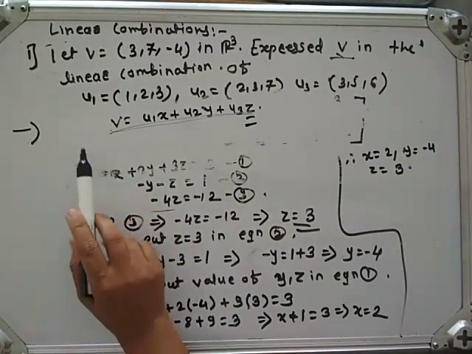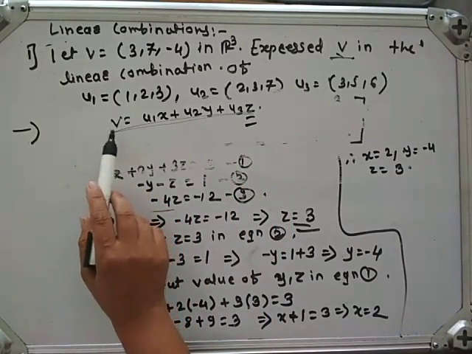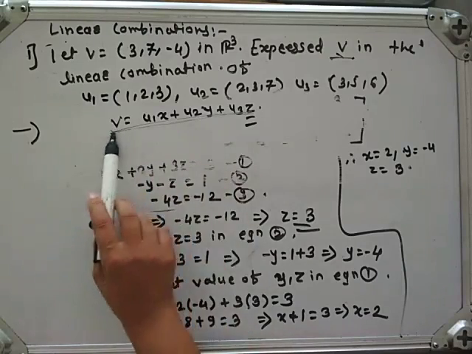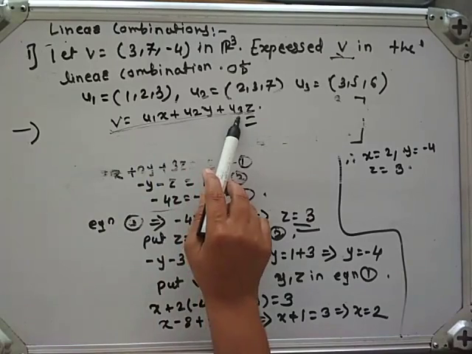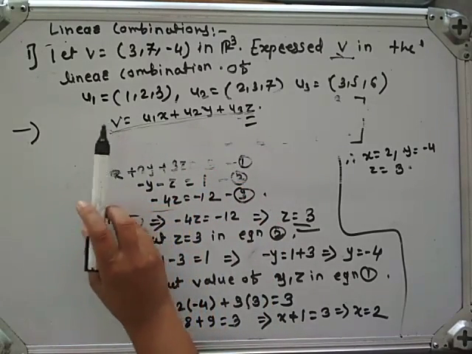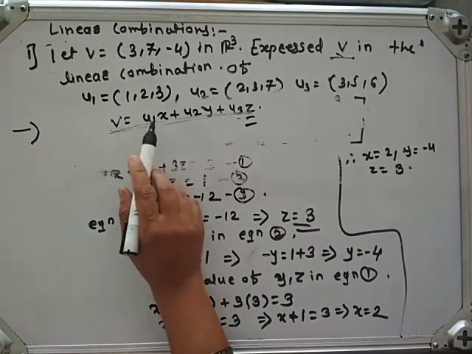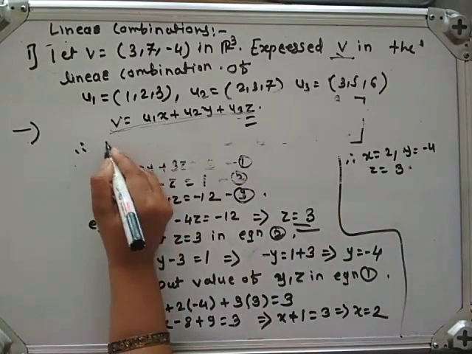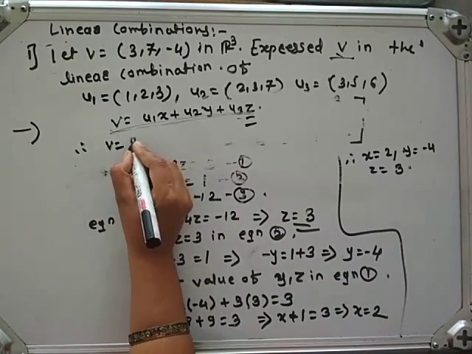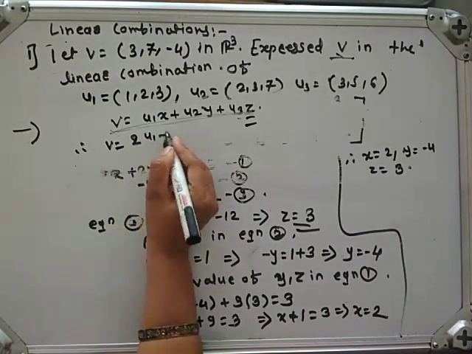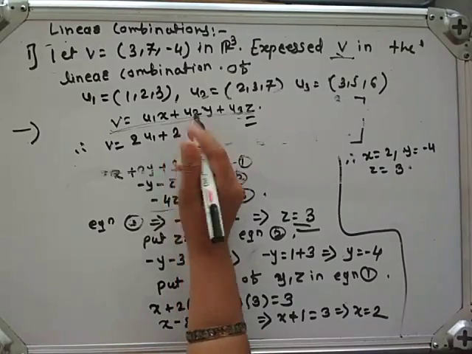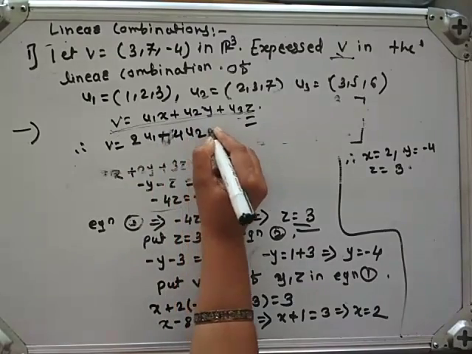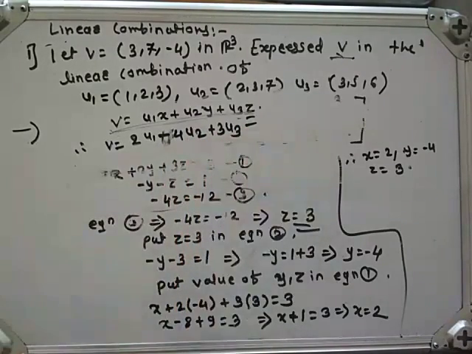We have already written down a note that if you get a solution to this type of vector equation, then V is a linear combination of u1, u2, u3. Therefore, V is equal to 2 into u1 minus 4 into u2 plus 3 into u3.